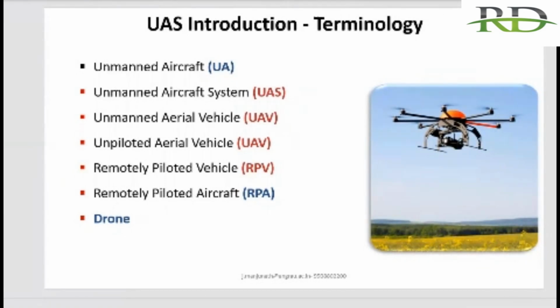Now we are using unmanned aerial vehicle, unpiloted aerial vehicle, remote piloted vehicle, and remote piloted aircraft. All these terms are the same. Lastly, the term used for drones with four arms, six arms or quadruplex, and different types are present. Some parts we will also discuss in drone technology.